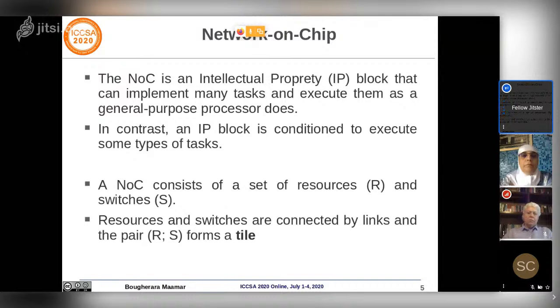But the IP block is conditional to execute some types of tasks. A network on chip is a set of resources and switches. Resources and switches are connected by links and form tiles.